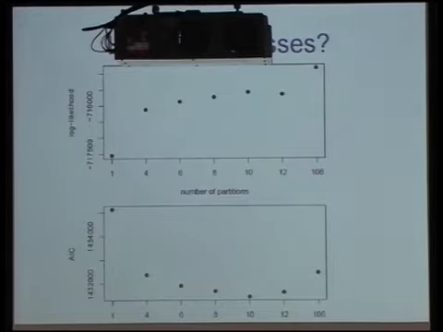And in the middle here, we have, say, 4, 6, 8, 10, 12 different classes. And your log likelihood is basically getting better as you allow more of these partitions. See, there's a little dip here. That's just an artifact of this getting stuck in local optima when you're doing your random starts. But if you've done enough different random starts and taken the best, you'd expect this to be monotonically increasing.